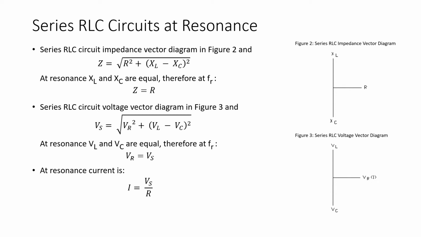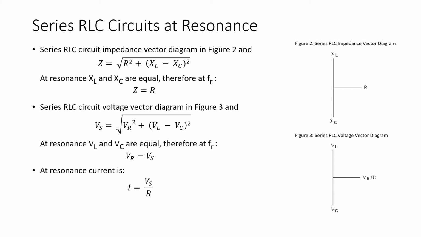And if at resonance X sub L and X sub C are equal, then we yield that at resonance the impedance of the circuit equals R. The terms X sub L and X sub C canceling, giving us that Z equals the square root of R squared.